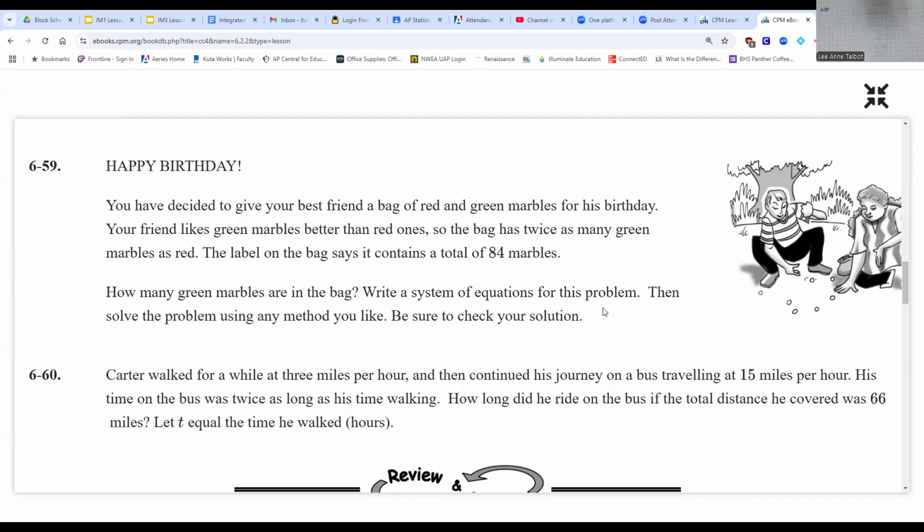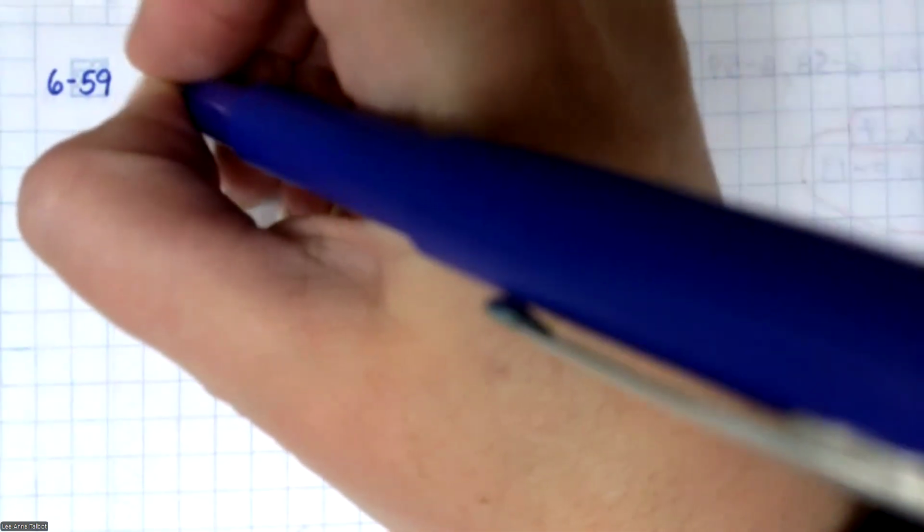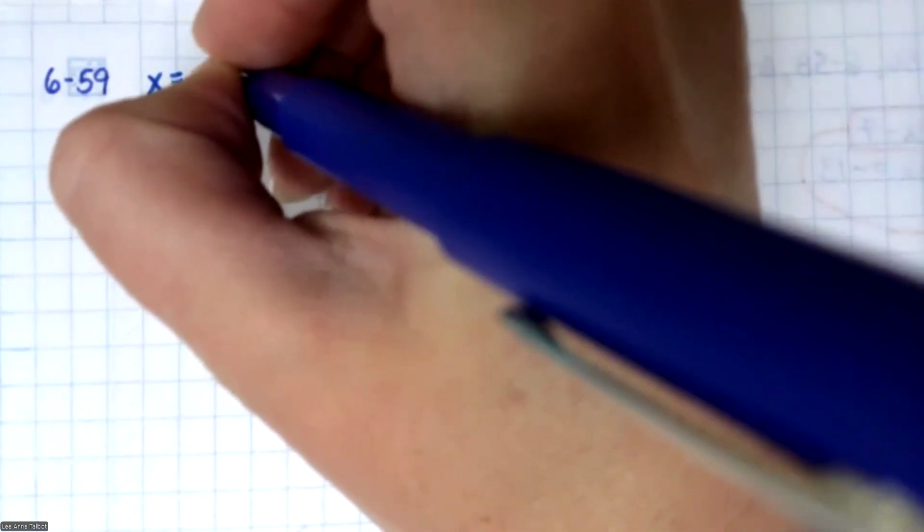So the bag has twice as many green marbles as red. Which one do we know nothing about? Red. We know nothing about red. We know something about green, that it has twice as many as red, but we don't know anything about red. So we're gonna go, okay, x equals red.